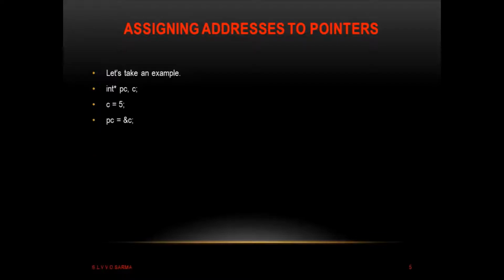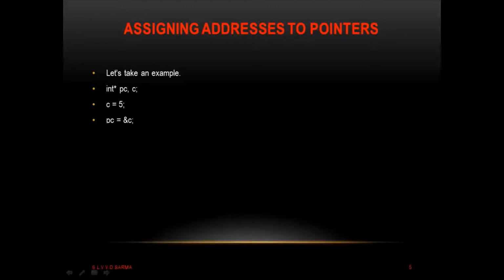Now I'm going to assign the address. I already told you what ampersand c is. Ampersand c gives the address of the variable. So we are going to get some address, say 1000. That address 1000 we are going to assign to pc. But it is not allowed to give pc equal to some constant value.